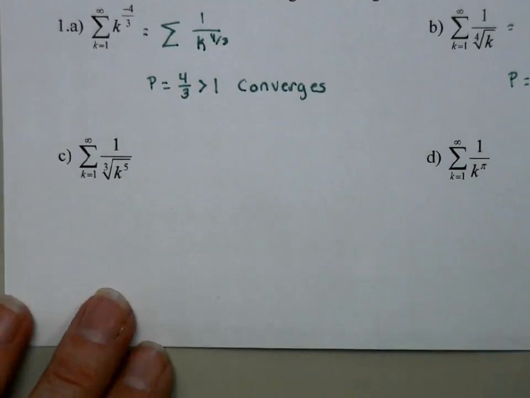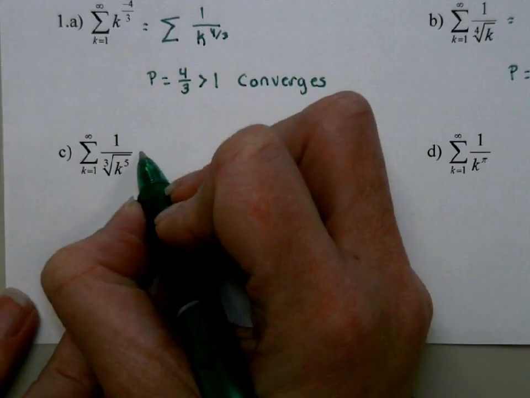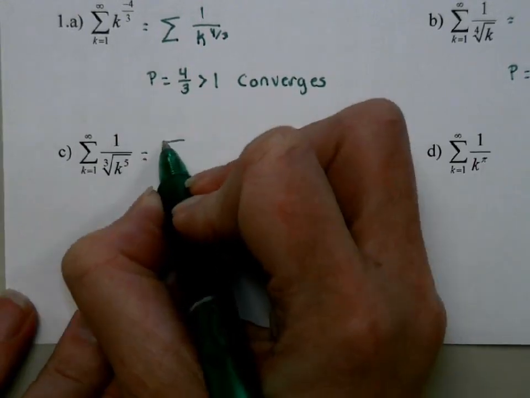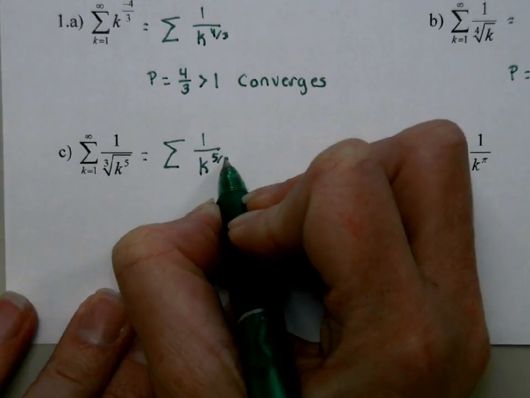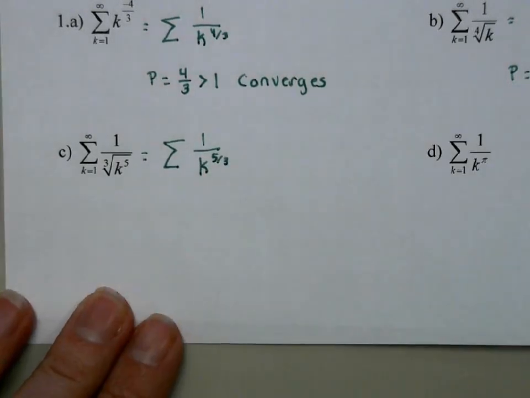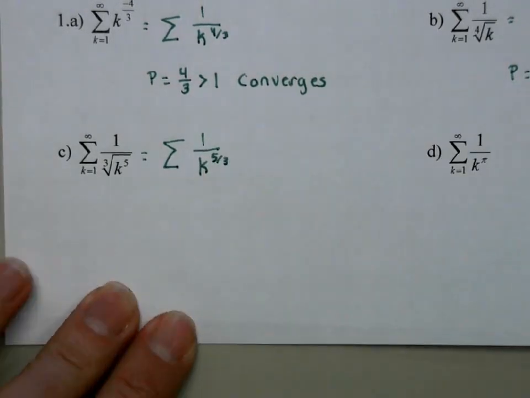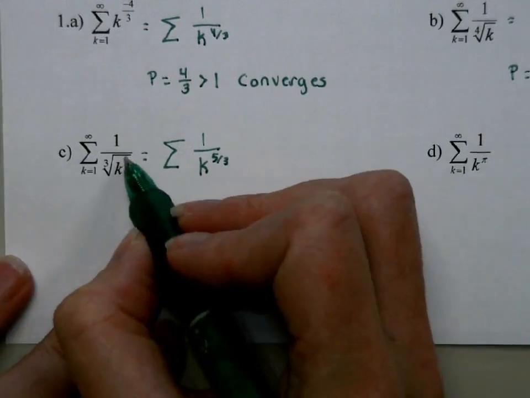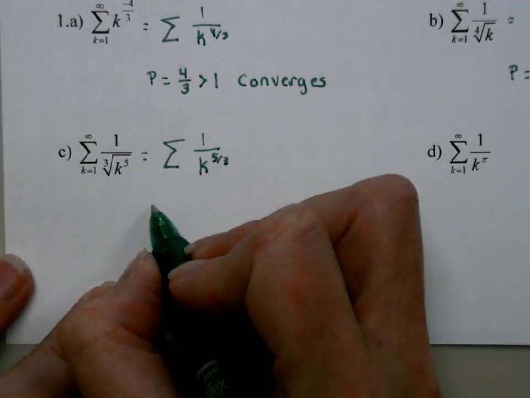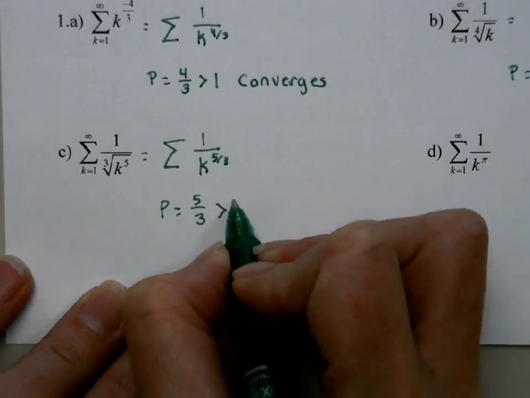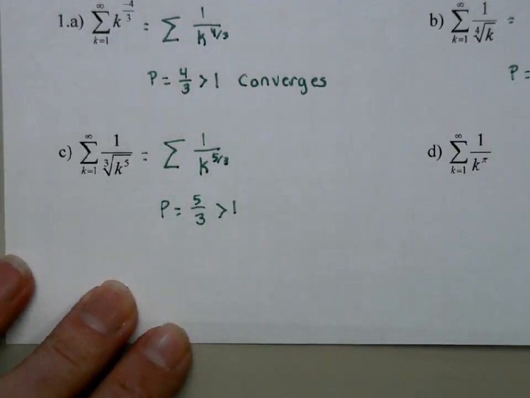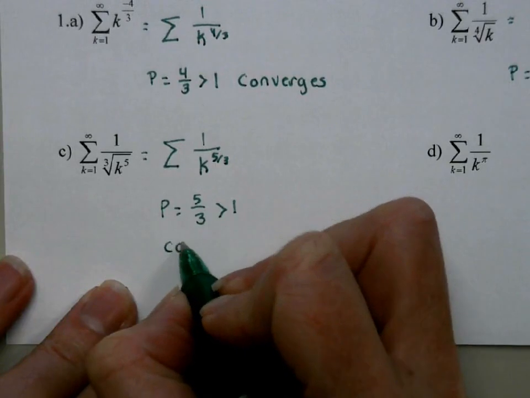Okay, these p-series are often written this way. I can rewrite that as a rational exponent 5/3. Whatever the power is goes on top, whatever the root is goes on bottom. So my p is 5/3. All we care about is how does that compare to 1? It is bigger, so it converges.